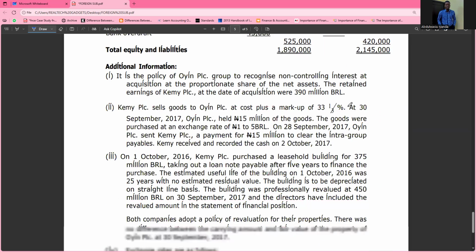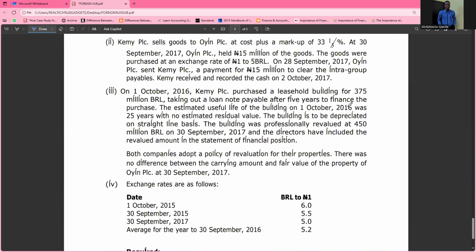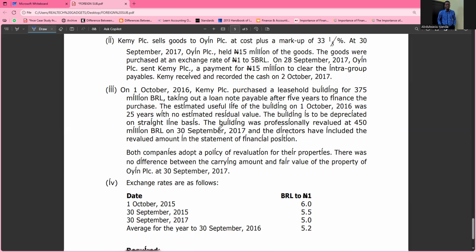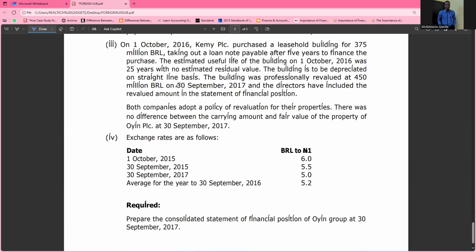For example, let's say the building was revalued at 450 on this particular date, and you are preparing the account on that date. You can see we are required to prepare the financial statement on 30th of September 2017.